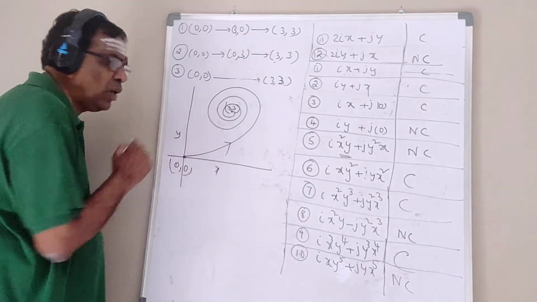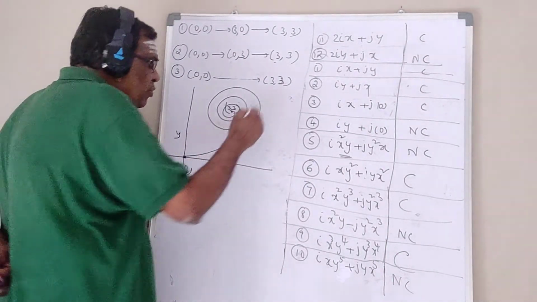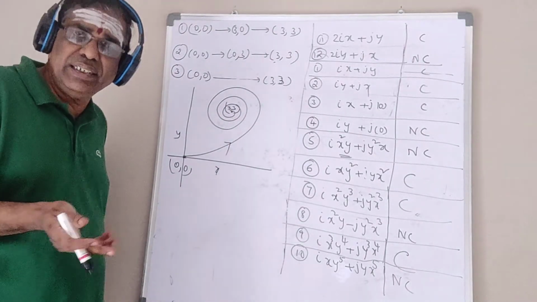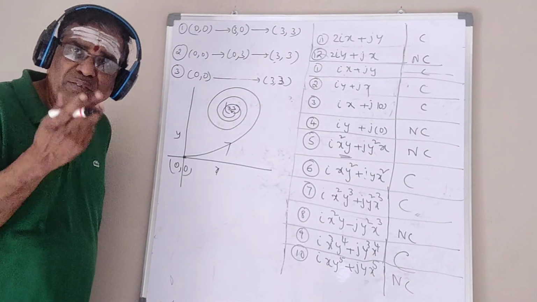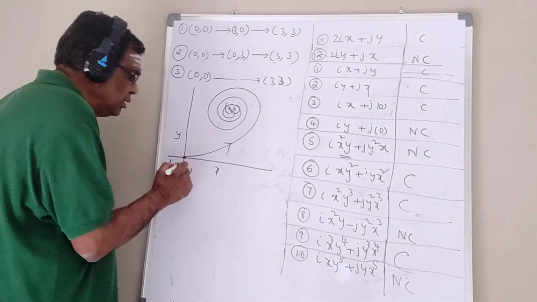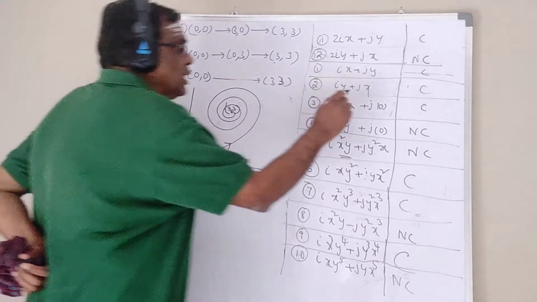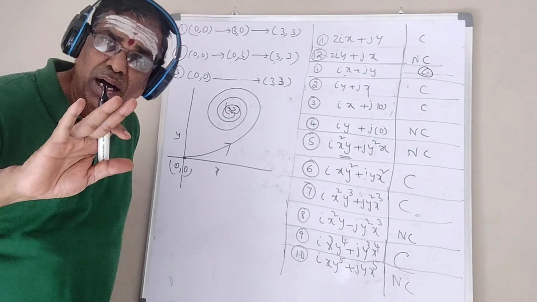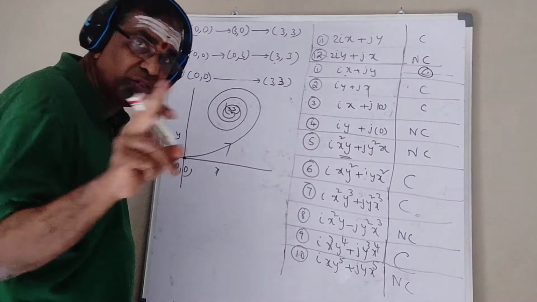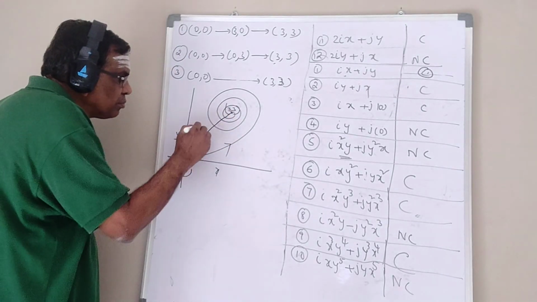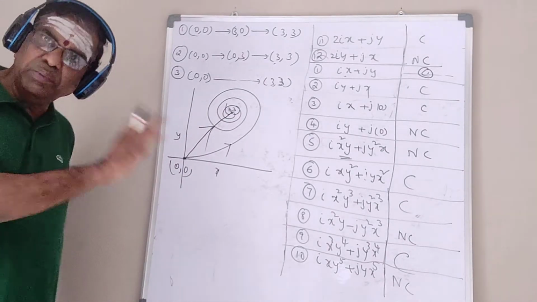This is X, this is Y. It is very difficult for you to get this spiral equation. It's beyond our knowledge at this stage. But then why did he give it like this? You should understand that this force is a conservative force. This is path independent. Therefore, you choose your own path. Work done will be the same.